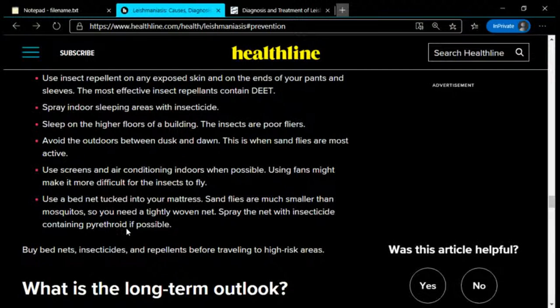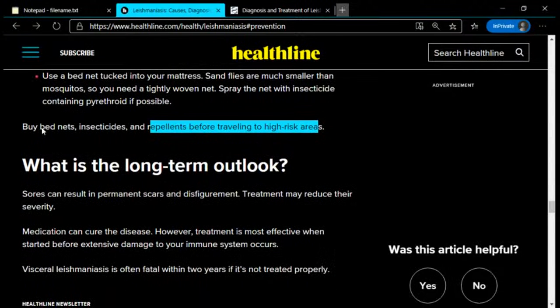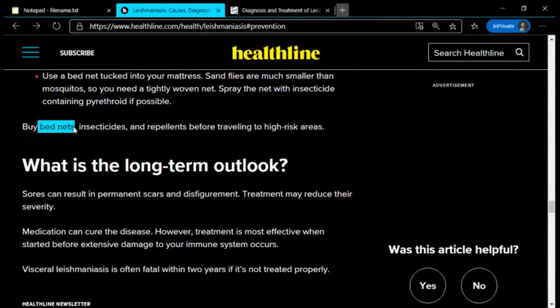Also, this net should have very small holes so that the small sandfly cannot come inside the net and bite the person. Use head nets, insecticides, and repellents before traveling to high-risk areas. Well, this is very important business.